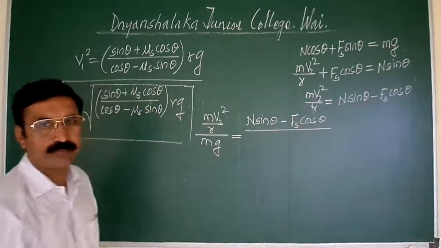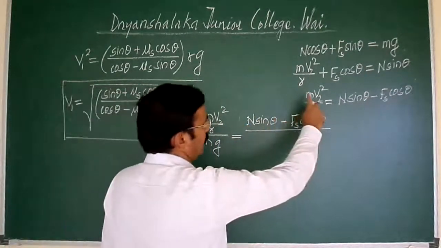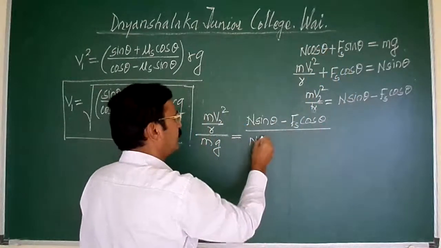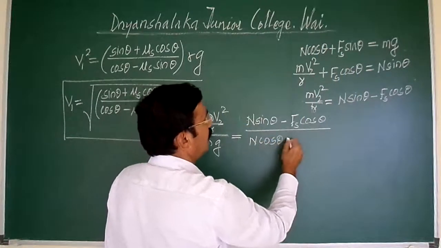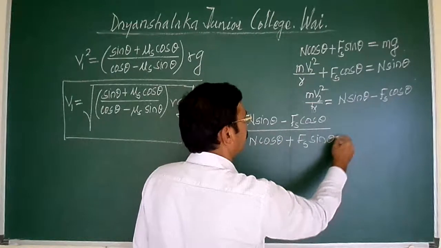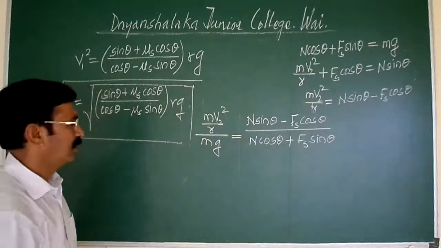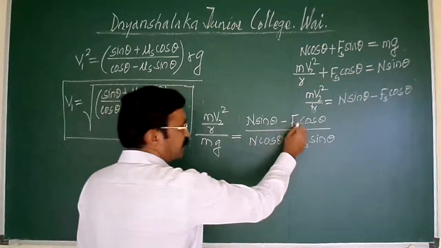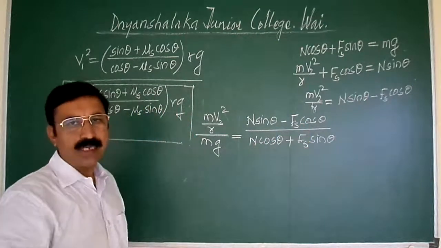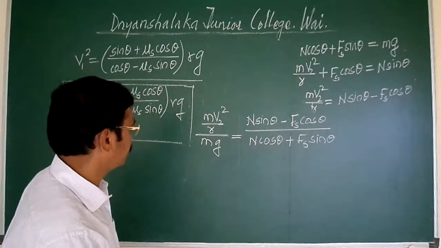upon n cos of theta plus Fs sin of theta. We can express the frictional force as mu times the normal reaction.